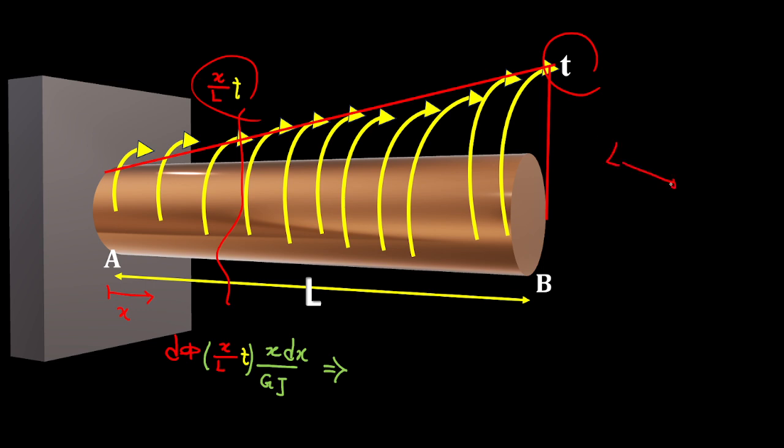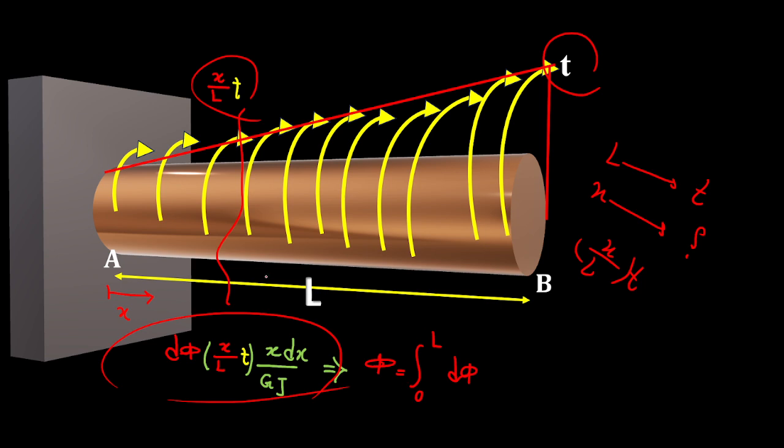The whole length L goes with t, so x goes with x over L times the distributed continuous torsional torque. So that's x over L times t, then x dx over GJ. So that's our d phi.